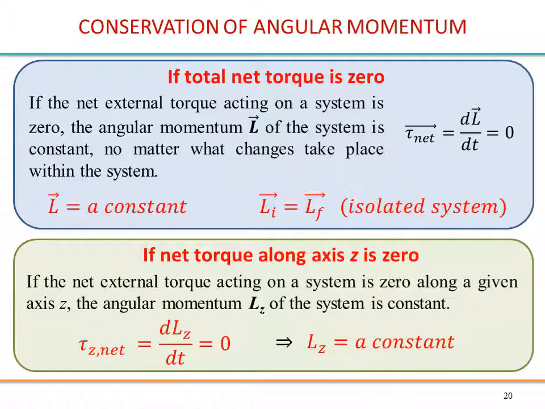Now this is the case when the total torque is 0, so the total angular momentum is a constant. The torque and the angular momentum, of course, can have several components.